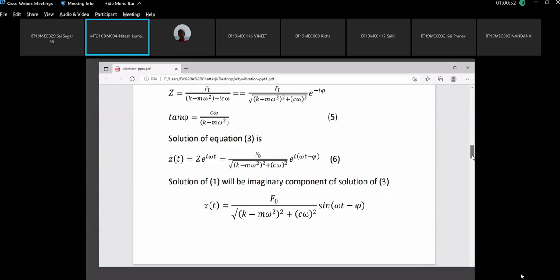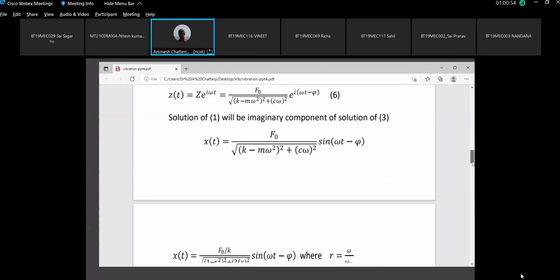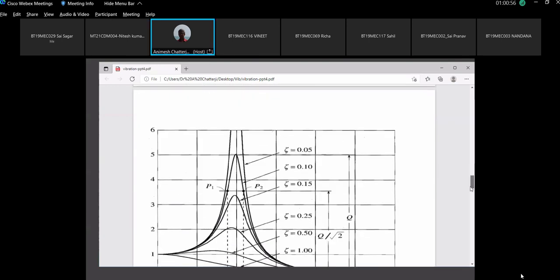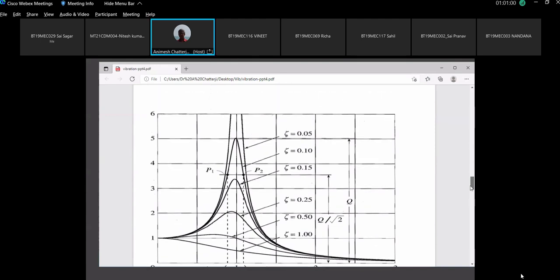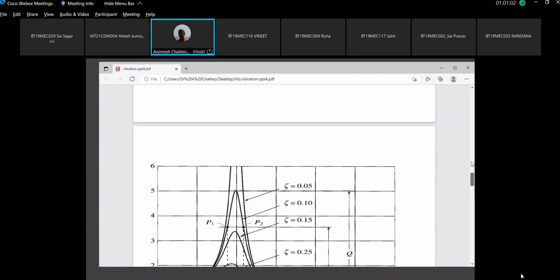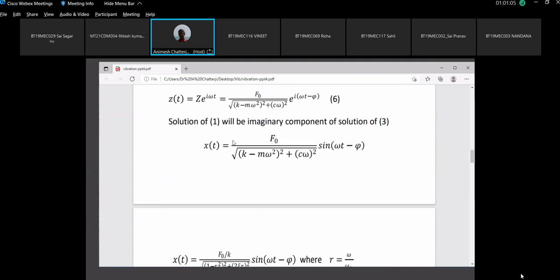Okay, I'll tell you. I will draw the graph. I'll draw this graph. What is this graph? This graph is now of amplitude. See, as an engineer, I must be worried about the amplitude. As an engineer, my objective will be how I can make the amplitude low, small.